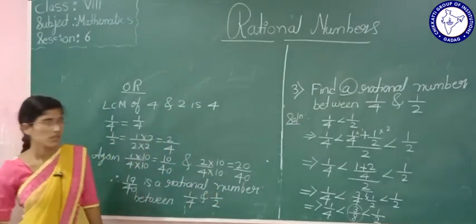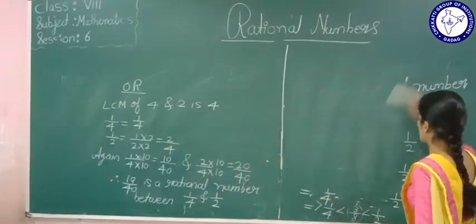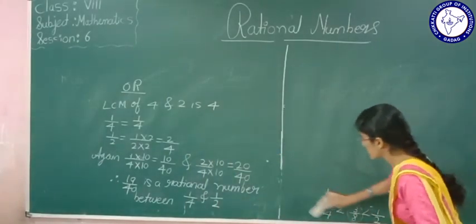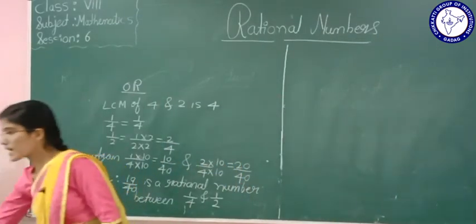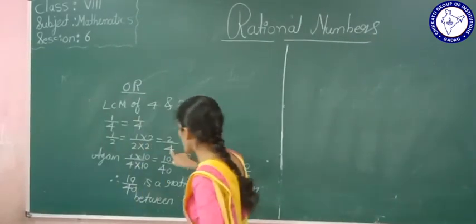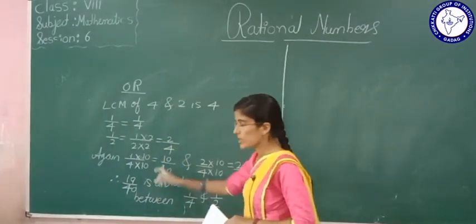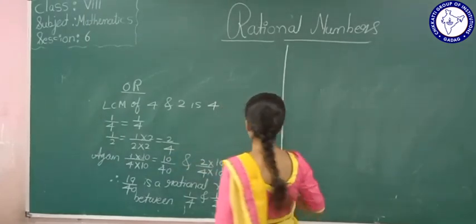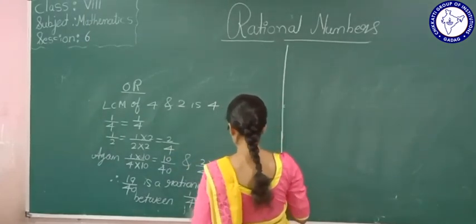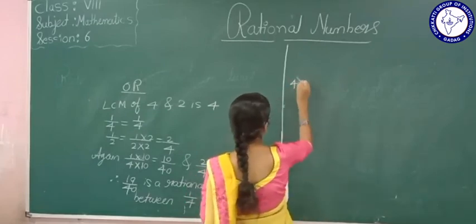Okay. Now one more problem we will do. Now see here students, when you take the LCM, if you are not getting it, multiply by a bigger number. By whichever number you are multiplying here, you have to multiply by the same number here. We will see one more problem.